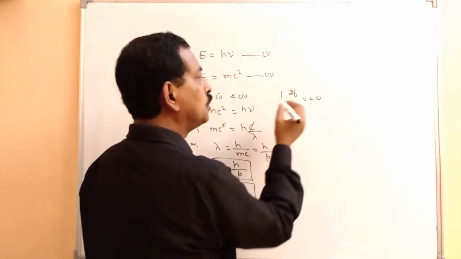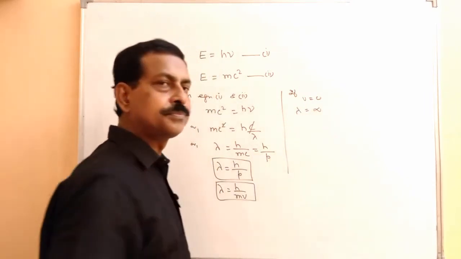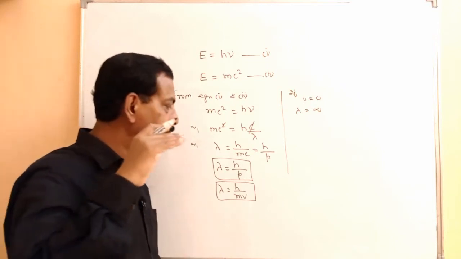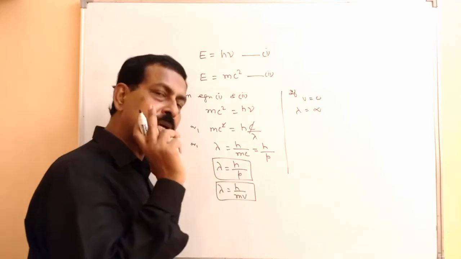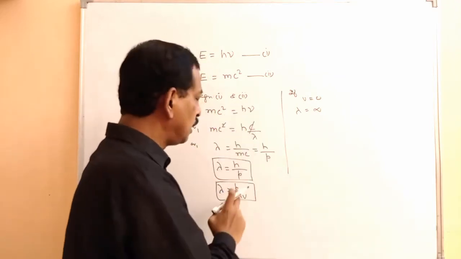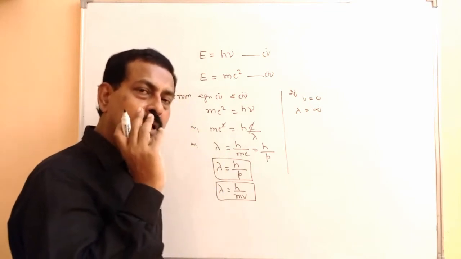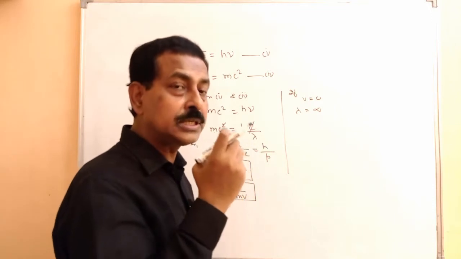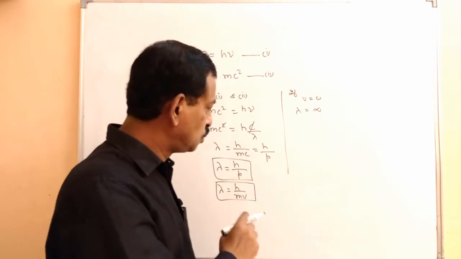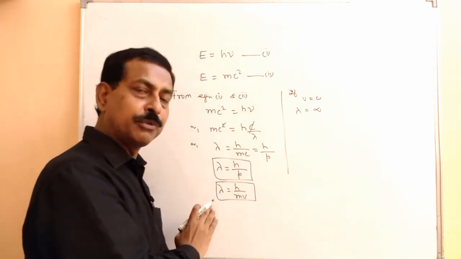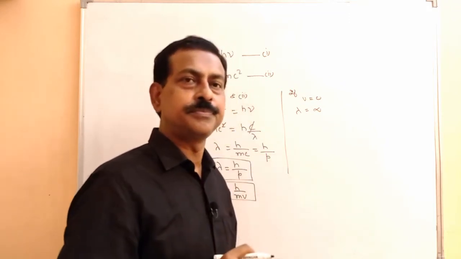If v is 0, then lambda will be infinity. That means the wavelength will be infinite. It means there is no wave associated with a material particle at rest. So this will come only with material particles which are in motion. So we get de Broglie wavelength associated with a particle in motion.